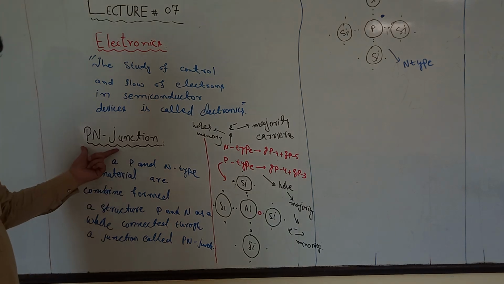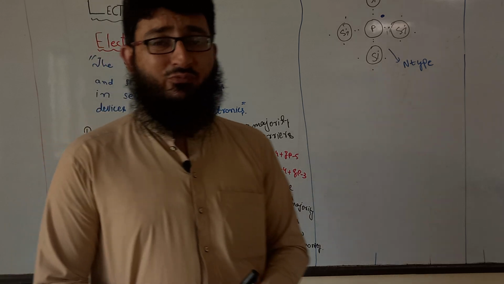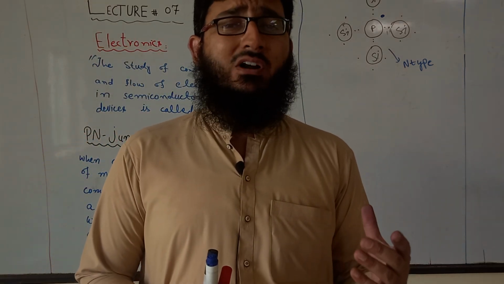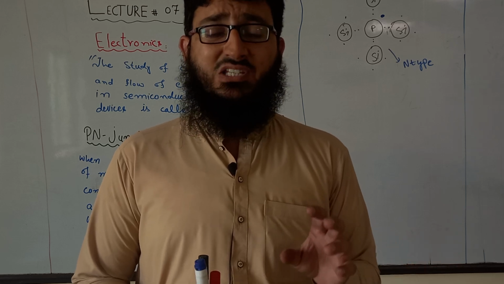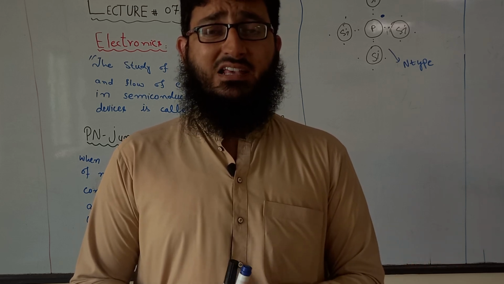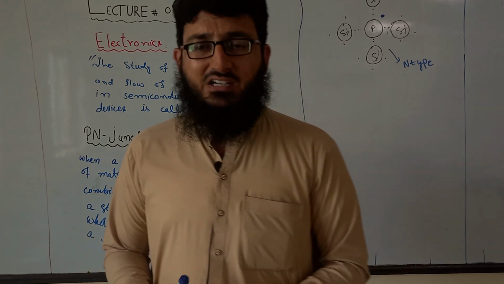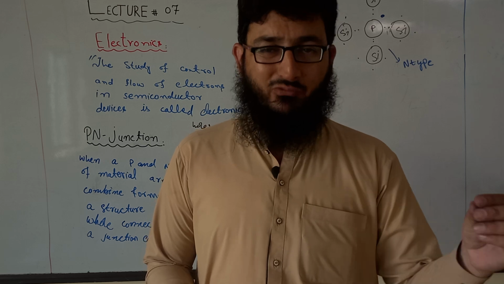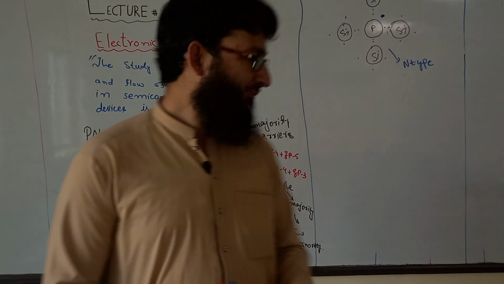Before going to p-n junction, we will discuss a bit about the group 4 elements. Group 4 has elements like silicon and germanium. They are semiconductors and are called intrinsic semiconductors. By intrinsic semiconductor, we mean they are extracted from the core of earth and are naturally occurring elements.